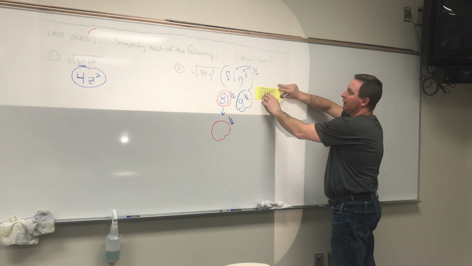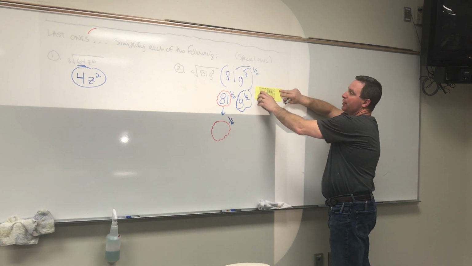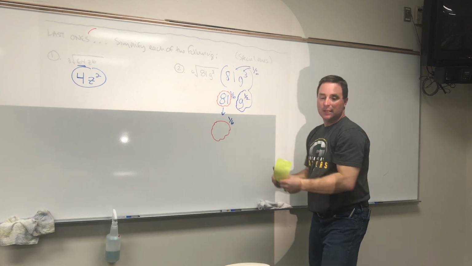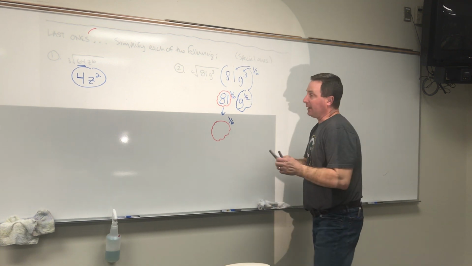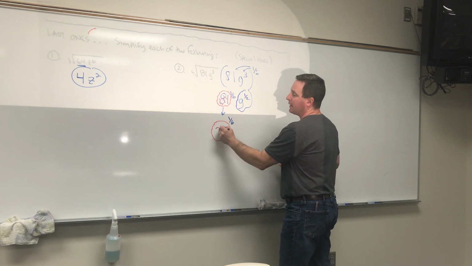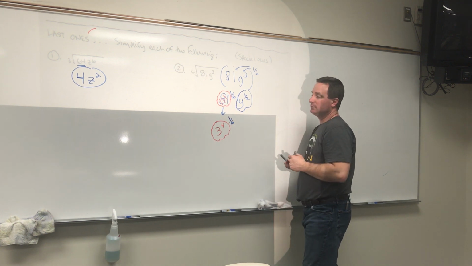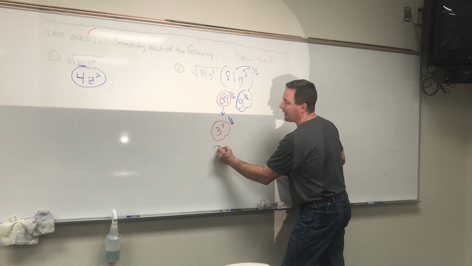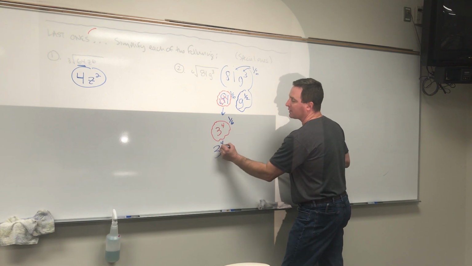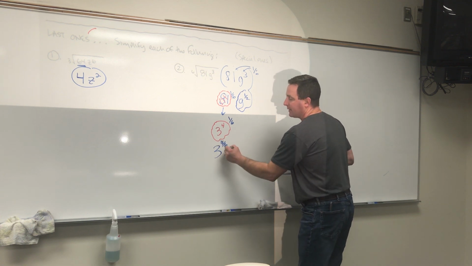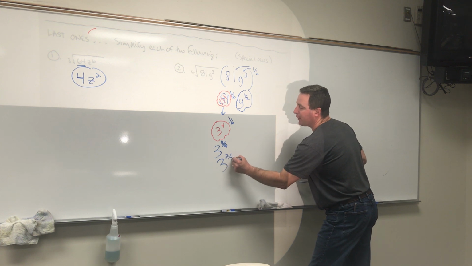And I see 81 is right here, and it's 3 to the 4th power. Again, this is the big thing. I'm going to rewrite 81 as 3 to the 4th power. And then I'm going to multiply my exponents. That's 3 to the 4/6. If I simplify it, that's 3 to the 2/3 power.